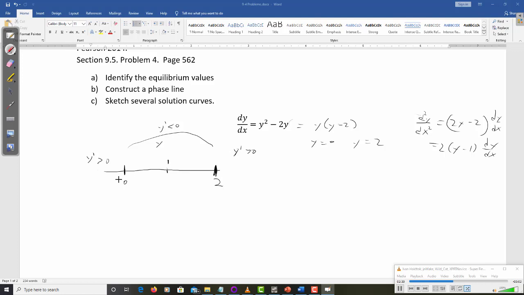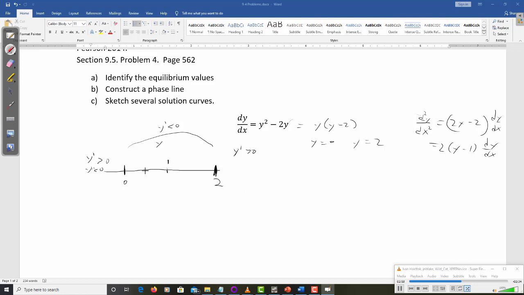Then, plug in our second derivative. Our second derivative has this extra point, but we'll start over here. If you plug in a negative number, first derivative is positive. This will be negative, so positive times negative, y double prime is negative. I think we'll flip at all these places, yeah.